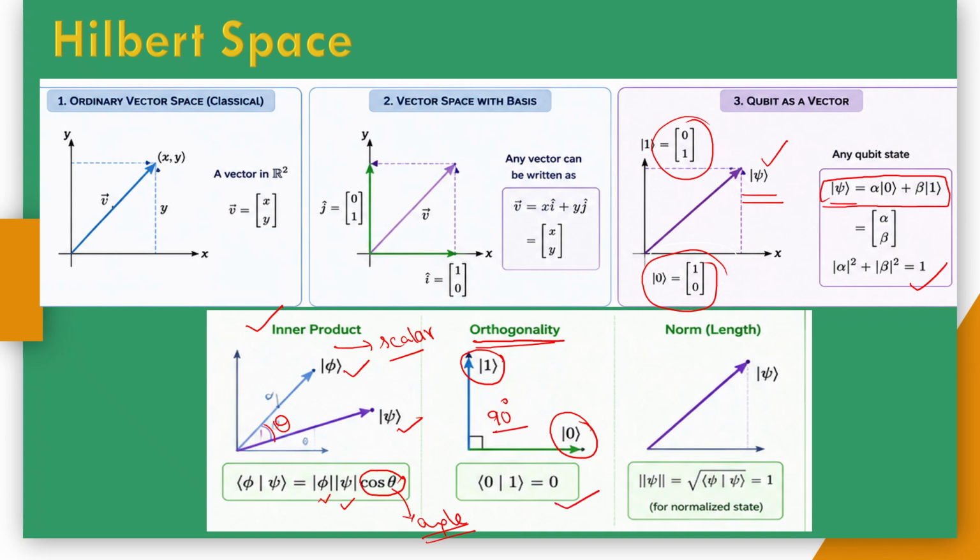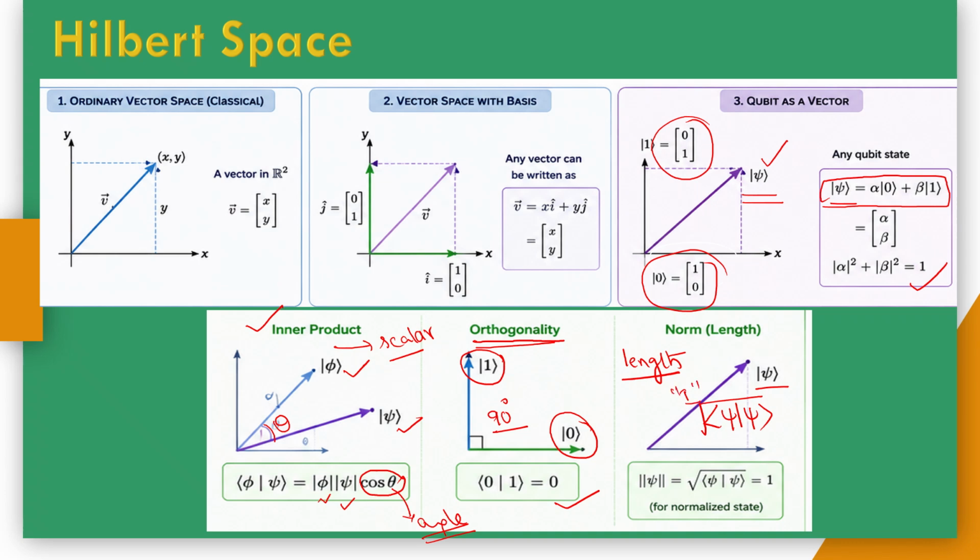This is like normalization, a length measurement. For length measurement, we use the inner product. Here psi is a state vector. We measure the inner product between psi and psi, and the square root of this is taken as the norm or length.